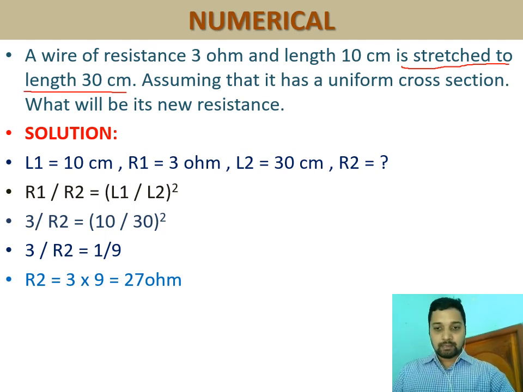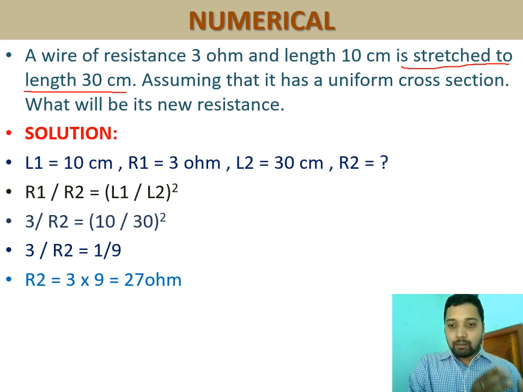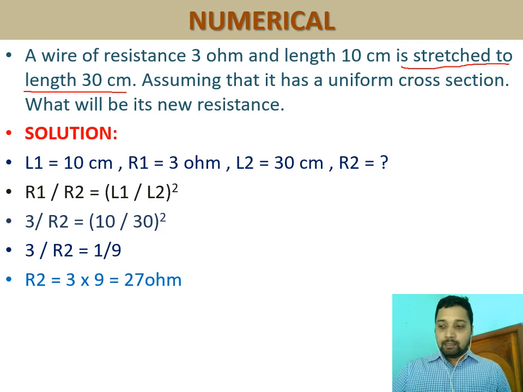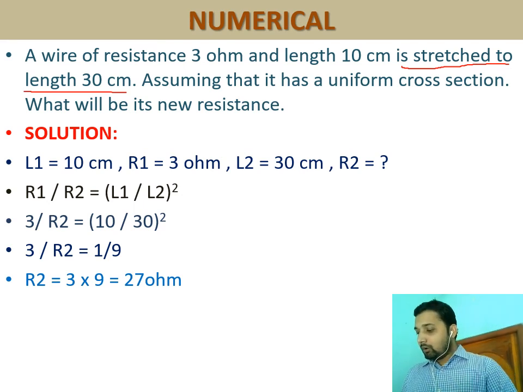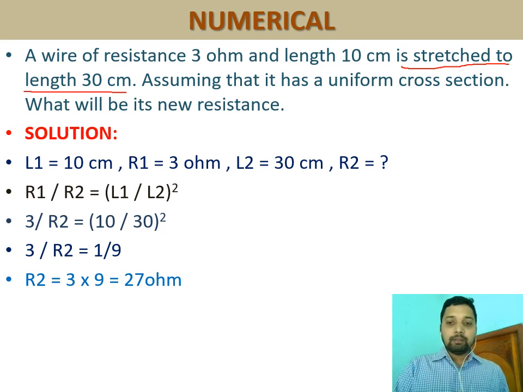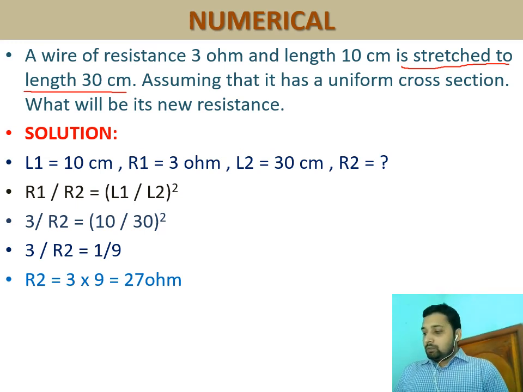Triple on itself means that whatever the wire's length was before, it becomes 3 times that. For example, a wire of resistance 9 ohm having length 30 cm is tripled on itself.